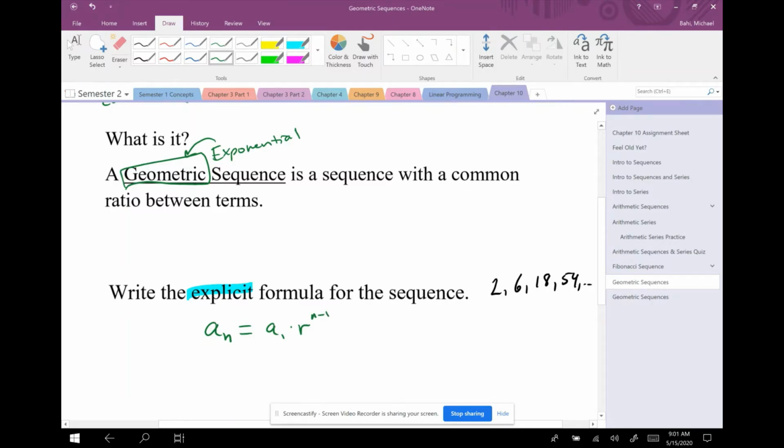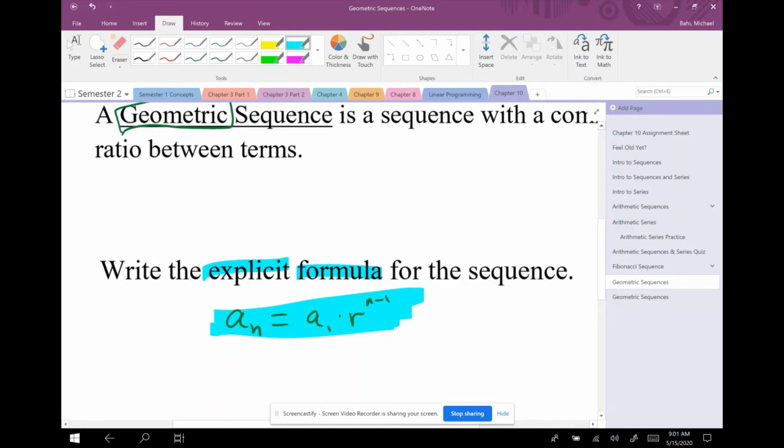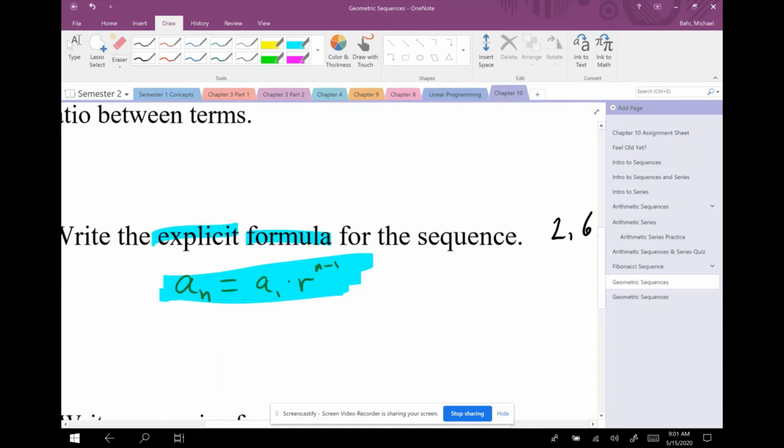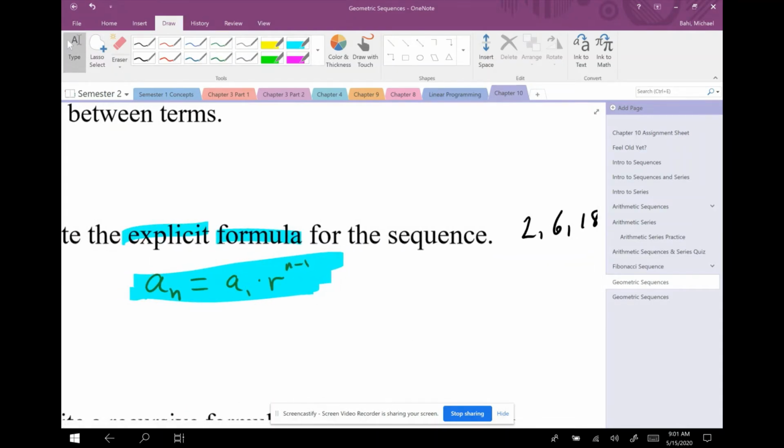Okay, so this is the explicit formula for geometric sequences. This is the general explicit form for all sequences that are geometric. And you just have to plug in the values. Just keep in mind, remember this n minus 1 is only given to the common ratio. All right, and in a minute you'll see why I am bringing that up.